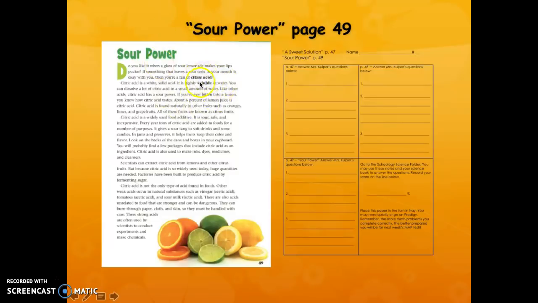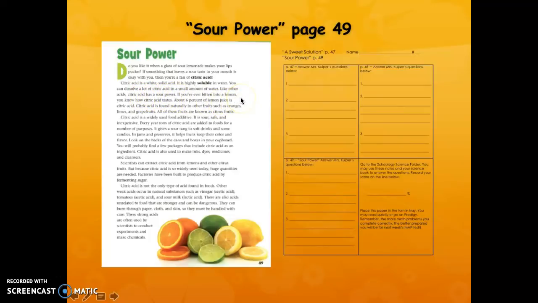So if citric acid is highly soluble, that means you can dissolve a lot of citric acid in a small amount of water. When you can fit more of the solid, we say it is more soluble. More solute, more soluble.